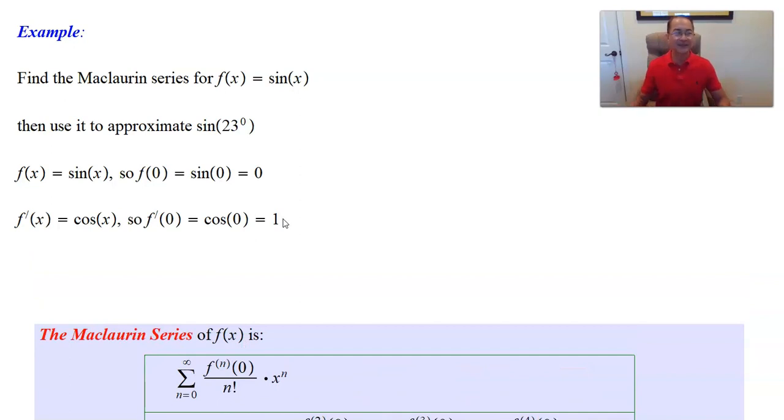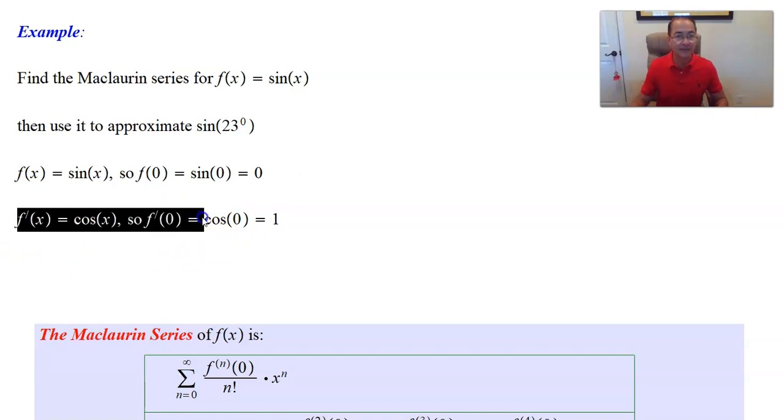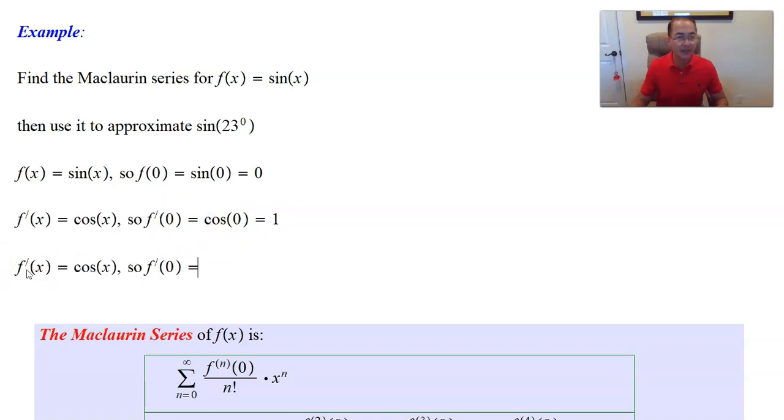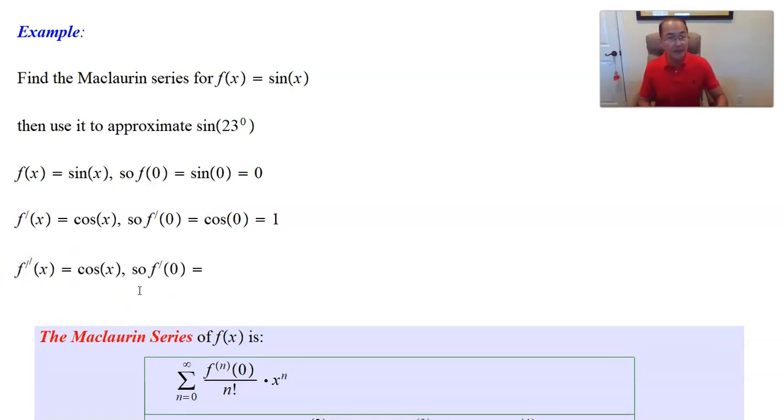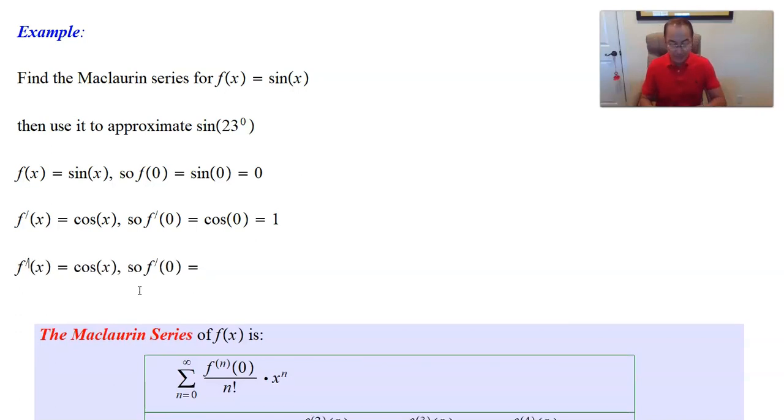All right, so we will get the second derivative from here. We'll put in the factorials later. All right, so second derivative of our function, cosine becomes negative sine. So the second derivative evaluated at 0 is back to 0.